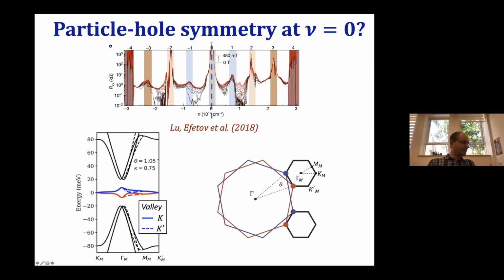The solid lines here are the bands at valley K, and the dashed lines are the bands at valley K prime. And you see that for each energy of the band at valley K, there's a state at minus the energy at K prime. So there is an approximate particle-hole symmetry, but this particle-hole symmetry actually flips valleys as well.